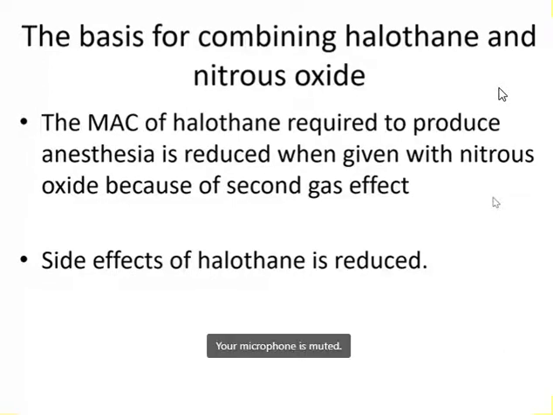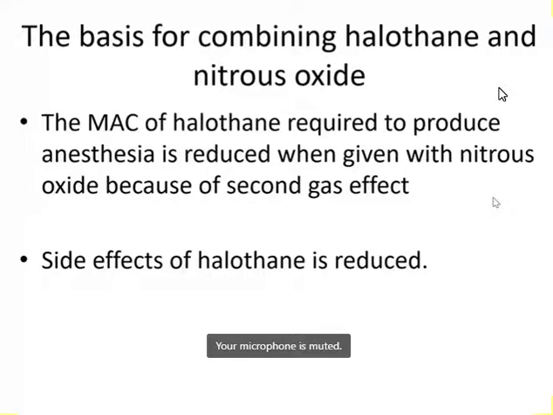As I've told you, one of the main uses of nitrous oxide is as a carrier gas, because it has the advantage of a faster onset of action. This advantage can be utilized for drugs which have a slower onset of action, like halothane.